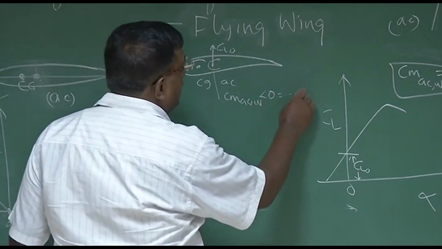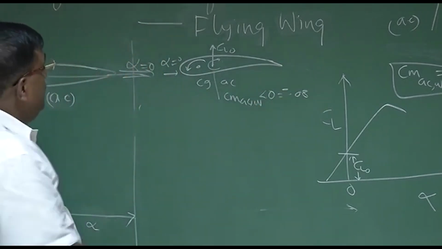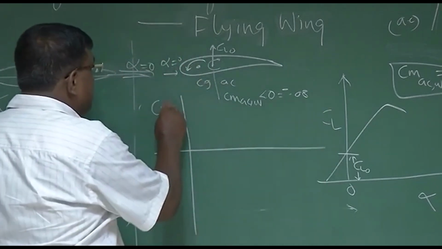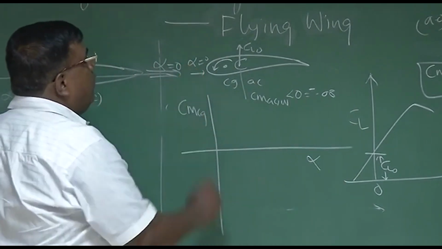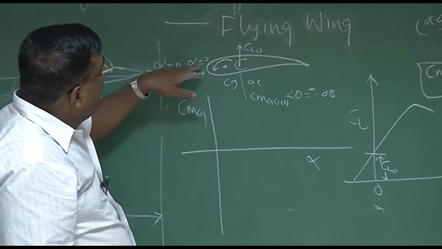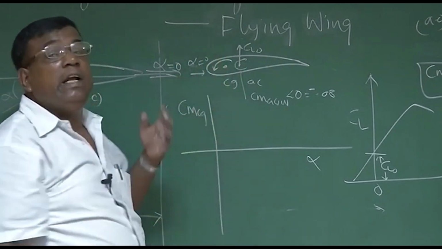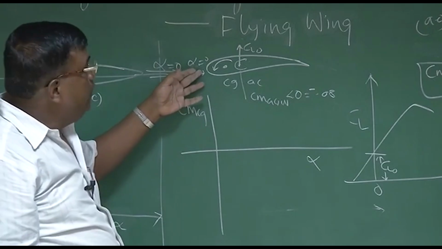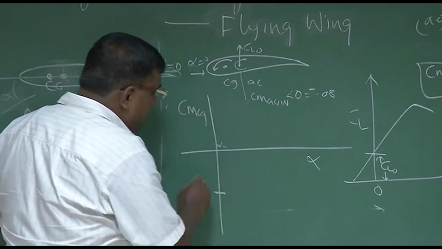Typical value will be minus 0.08, minus 0.05. The point to understand is, if I plot CM CG versus alpha, now at alpha equal to 0, what will happen? At alpha equal to 0, this CL naught will give a nose down moment, which is negative. CMAC is already negative. So at alpha equal to 0, I will get some value here.